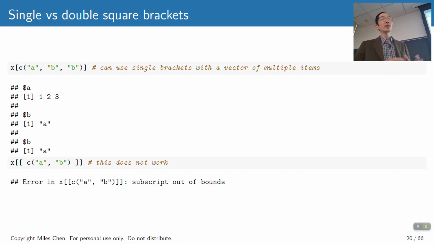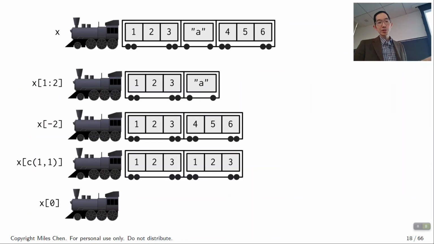When you use double square brackets, you're saying give me the object that's inside the car. And so you can only specify one car at a time. You can't say, give me the object inside the first car and combine it with the object inside the second car, right? If you wanted to do that, you have to explicitly do that, because what's inside the first car could be numbers and what's inside the second car could be characters, and so it doesn't automatically combine.